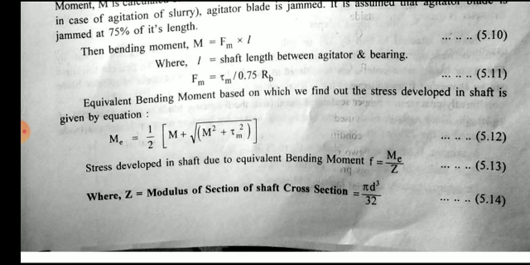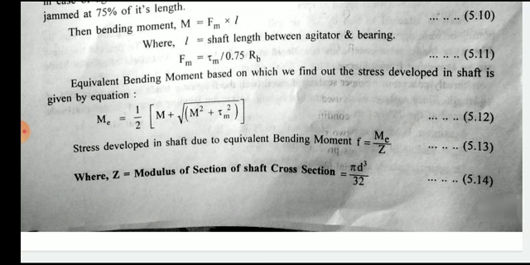Okay, so then equivalent bending moment, based upon which we find out the stress developed in the shaft, is given by Me is equal to 1/2 [M plus square root of (M square plus tau m square)].